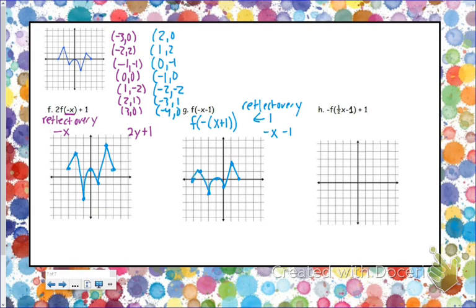All right, the last one has it all on there, so every type of change we could possibly make. I'm going to write the transformations to my x's first, which means I'm going to factor out that 1/2. Negative 1 divided by 1/2 would be 2, because dividing by 1/2 is multiplying by 2.